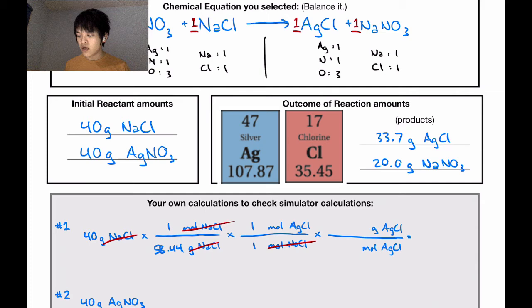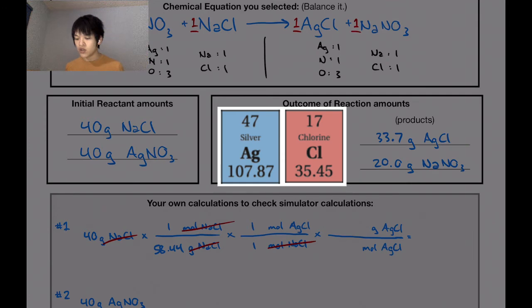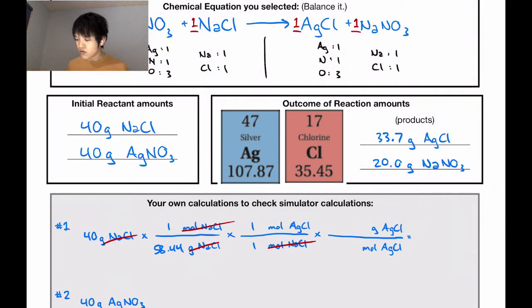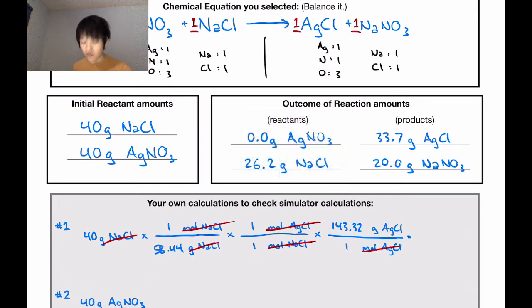Silver happens to be 107.87, and chlorine is 35.45. You add those two together, and you should get 143.32. Okay, so the molar mass of silver chloride is again 143.32 grams per mole. All right, the unit that cancels out is moles of silver chloride and moles of silver chloride. Now we have grams of silver chloride, one of the amounts of our products.